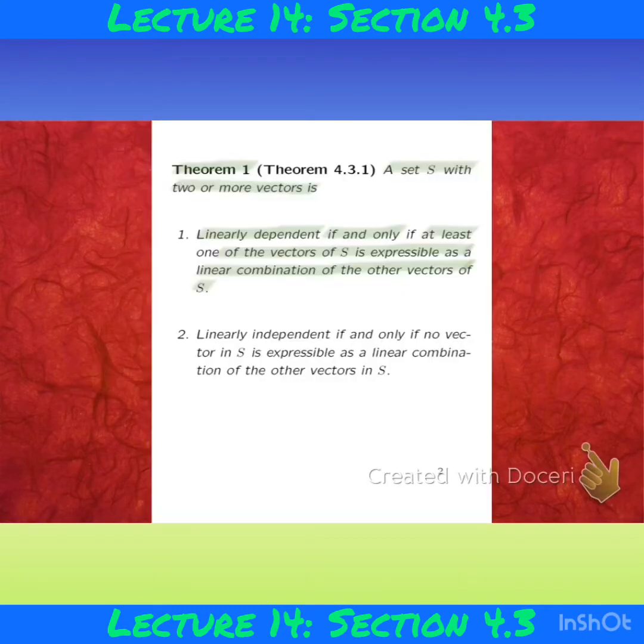Going back, a set is linearly independent if and only if no vector in S is expressible as a linear combination of the other vectors in S. It means that in your solution to this equation, you're never going to find a non-trivial solution, because if you can find one, it will mean that the vectors are linearly dependent.